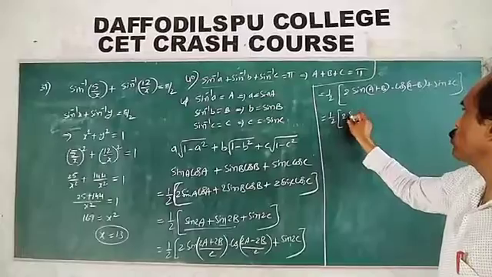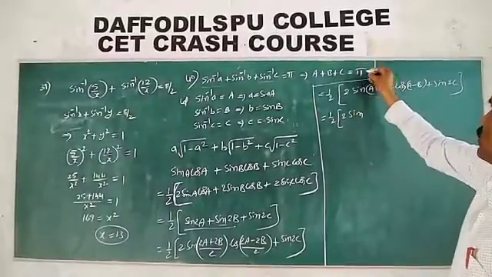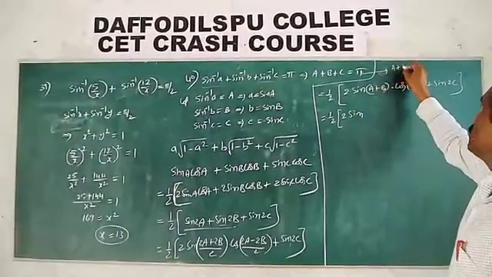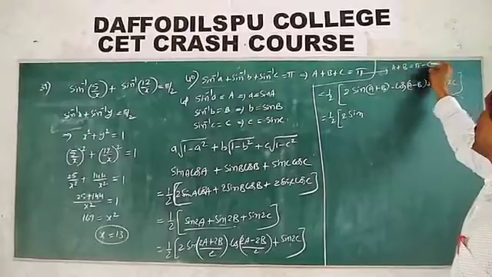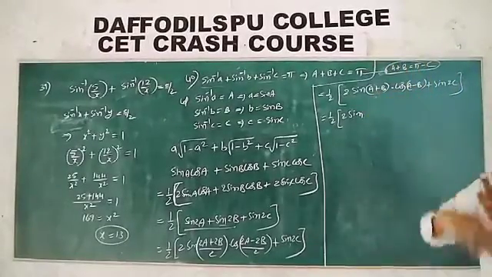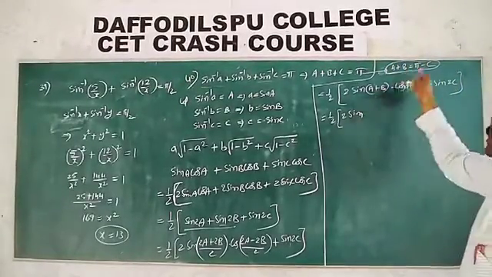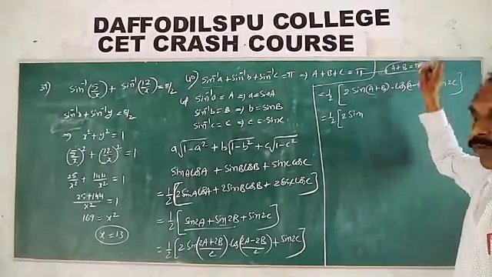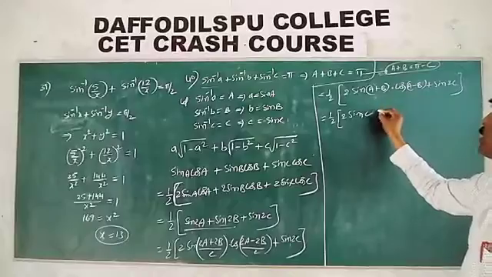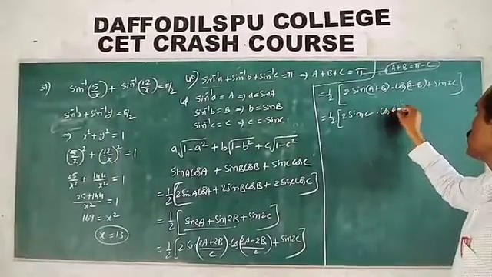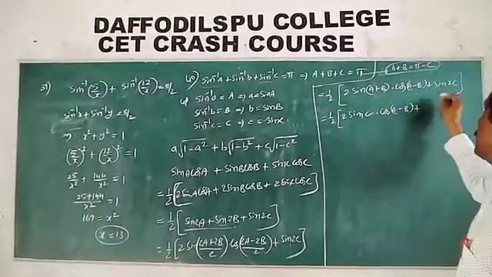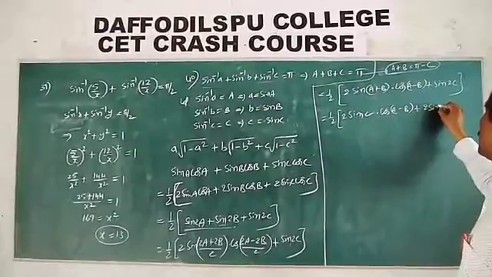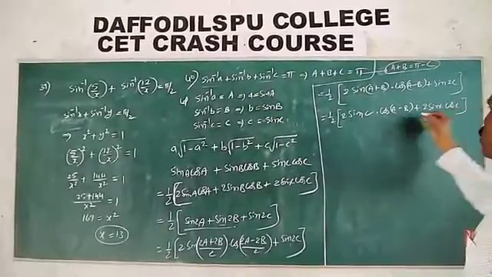In place of A plus B, I will write A plus B is equal to pi minus C. Our choice, depending on the problem, we can convert. Sin of (pi minus C) means sin (180 minus C), which is sin C, into cos (A minus B). Sin 2C can be written as 2 sin C cos C.